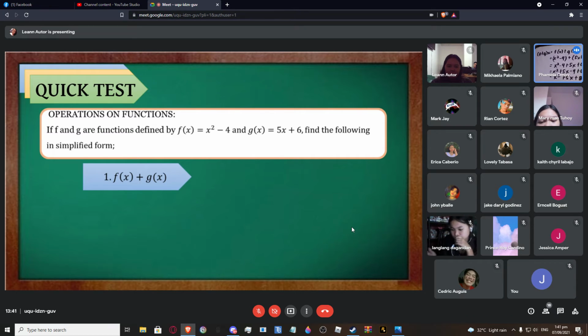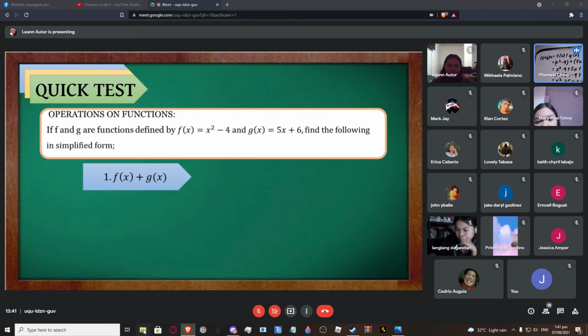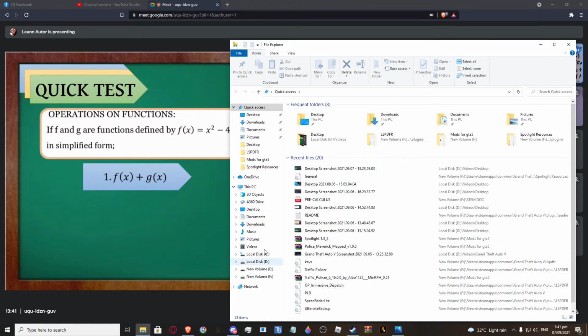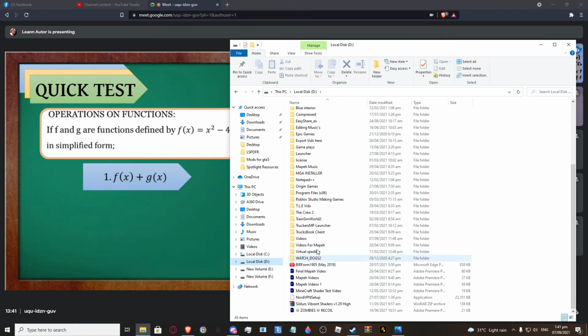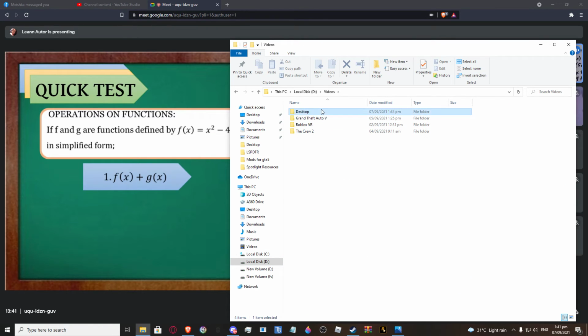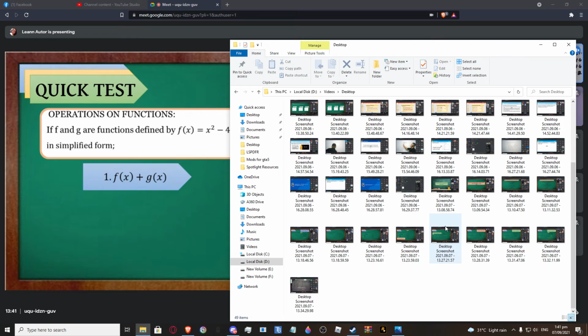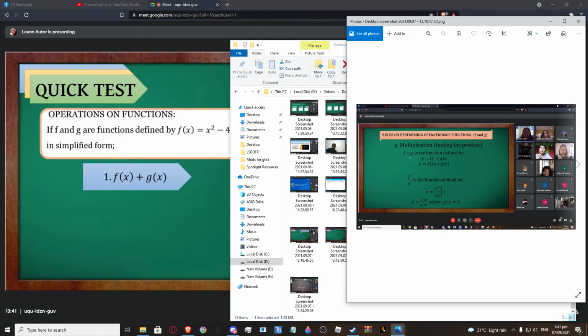Ako nang gi-rewrite sa ubos na wala na yung parenthesis. And then, ako siyang gi-arrange by its order, by its exponent: x squared plus 5x minus 4 plus 6. And then, x squared plus 5x, akong gisolve ang negative 4 plus 6 equals positive 2. Ang result, x squared plus 5x plus 2.